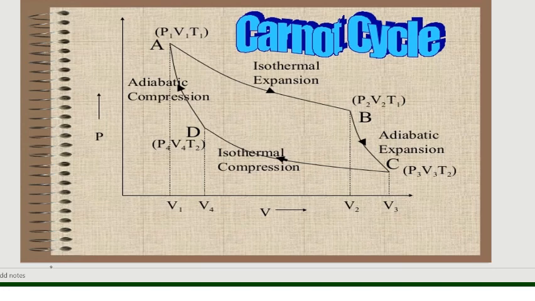So it finally comes to the initial state, and this complete cycle is called the Carnot cycle. I hope the Carnot engine, its parts, its working, the series of operations and the Carnot cycle with the PV diagram are clear for you.